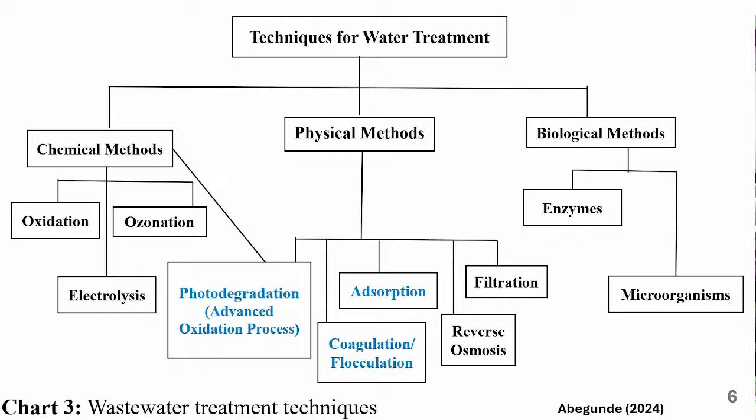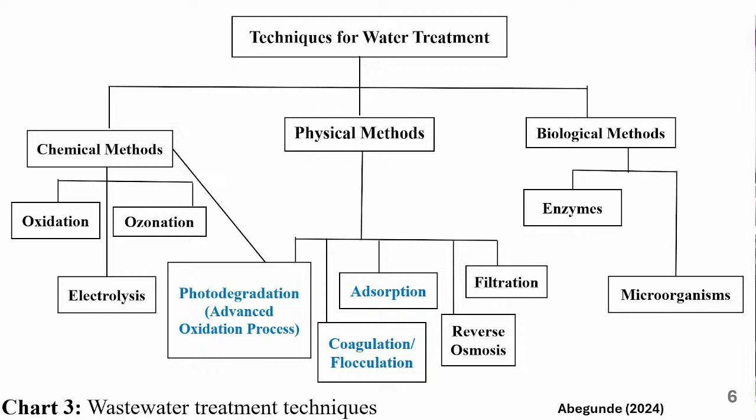And we also have coagulation, which is the application of coagulants or coagulating material for the precipitation of humic substances or other molecules in water, as well as adsorption. 80% of my research is on adsorption, and we focus majorly on adsorption this evening.